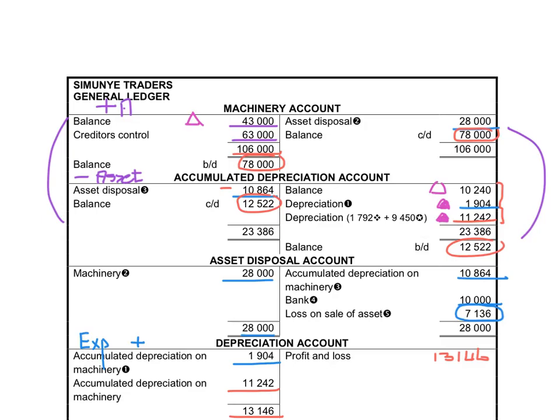To determine the amount for asset disposal, that is what was the value of my asset at the date that I've sold it, I have to calculate the carrying amount. So I will look at the cost price of the asset, 28,000, the total accumulated depreciation, 10,864, and if I subtract that from each other, I get the carrying amount.